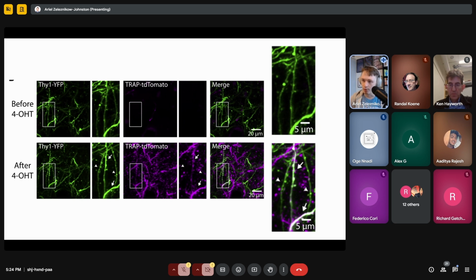And then what you can see on the bottom is what the same area looks like after training and after the trap procedure has been performed, where you can see now that robust tdTomato labeling.